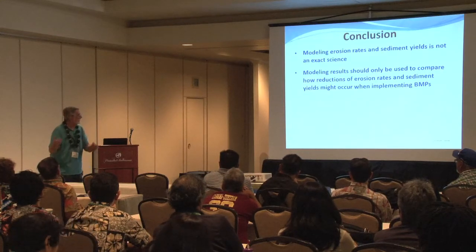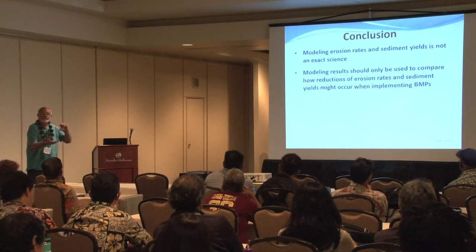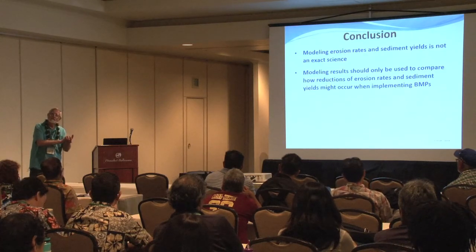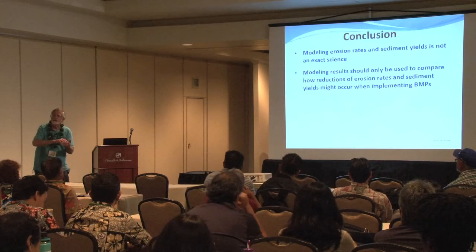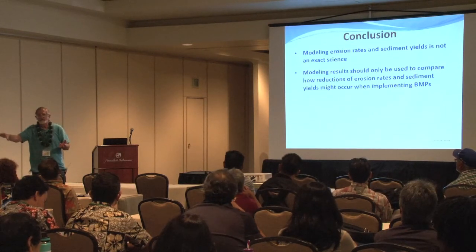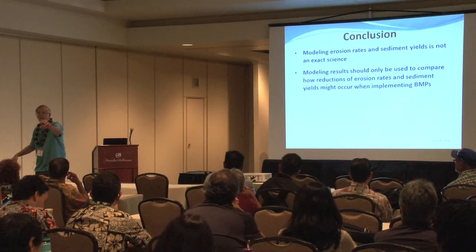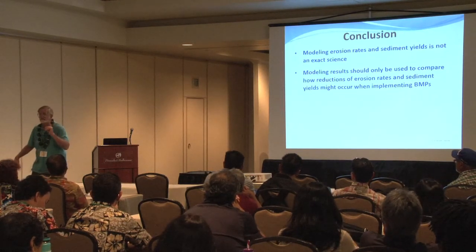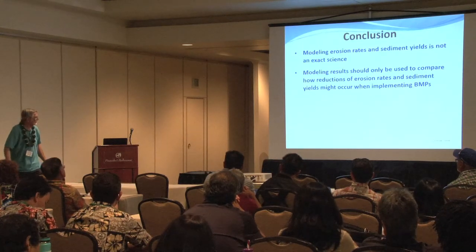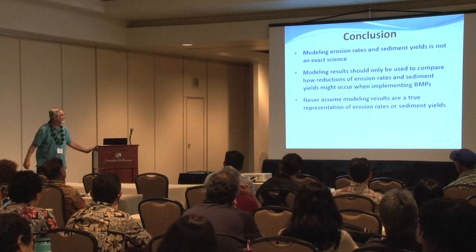Use it to compare. That's what you need to do: take the results that come out of whatever modeling you have and compare what it would do if I put in erosion control, or if I put fiber rolls in. That's the beauty of modeling. But do not assume that the results are absolute by any means, because they're not.